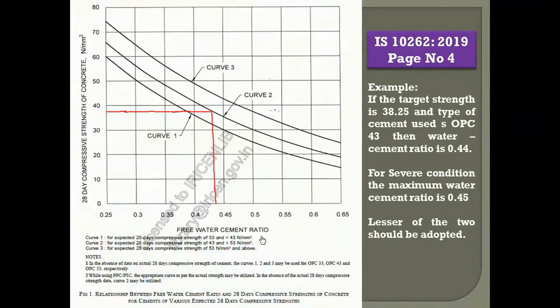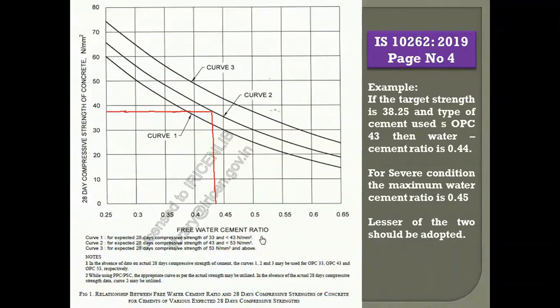For example, if the maximum water cement ratio for this condition is 0.45, and we got 0.44, fine. But assume that we got 0.50, then we have to use 0.45 only, we should not take 0.5, because the IS code says that the maximum to be used for this condition is 0.45. So the lesser of the two should be adopted for the calculation.